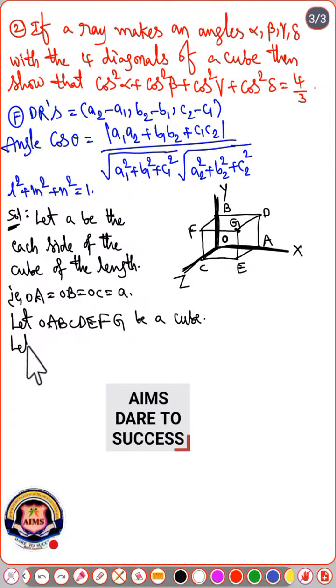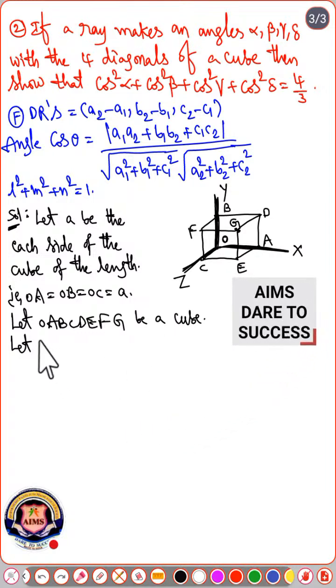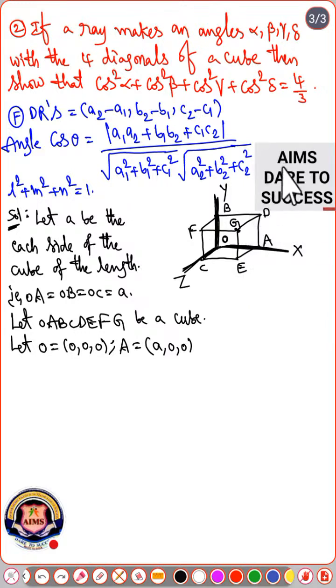After that, we want to write the points. Let O equal to 0, 0, 0. After that, A is on the x-axis, so x is a, remaining values are equal to 0.